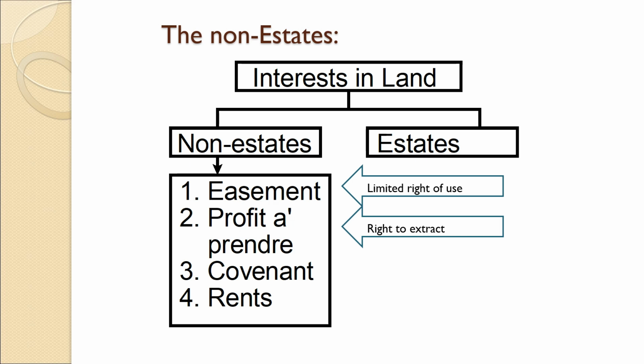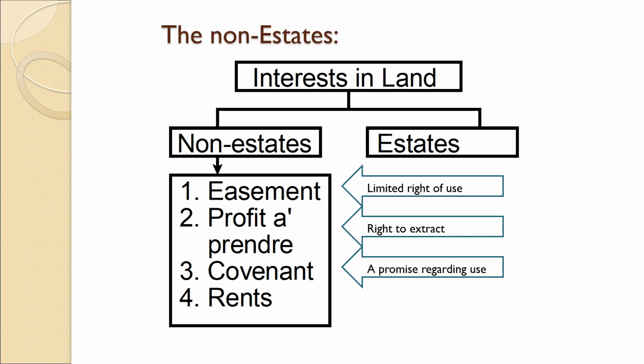The third of the non-estates is a covenant, and a covenant is simply a promise regarding the use of the land. Now you might think of a covenant or promise as being a contractual right, but in our legal system, if the contract or promise deals with the use of the land and relates intimately to it, our courts think of that covenant or promise as an interest in the land itself.